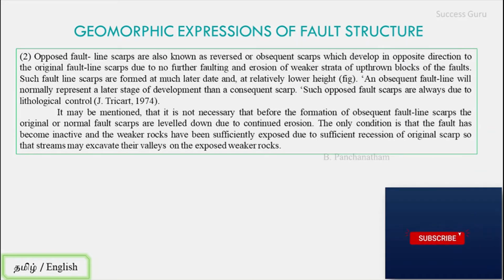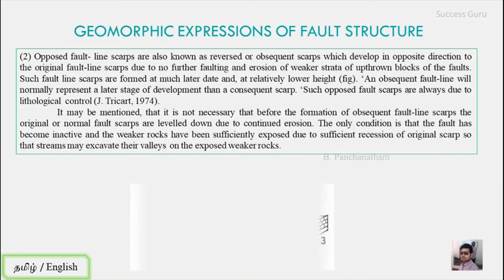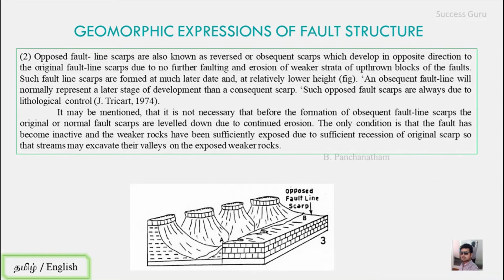The second one is the opposite fault line scarp, also known as the reverse or subsequent scarp, which develops in the opposite direction of the original fault line scarp due to no further faulting, through the erosion of weaker strata of the upthrown block of the fault. Such fault line scarps are formed at a much later date and at a relatively lower height.